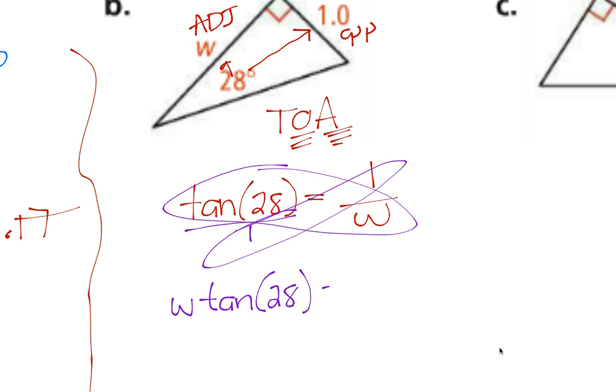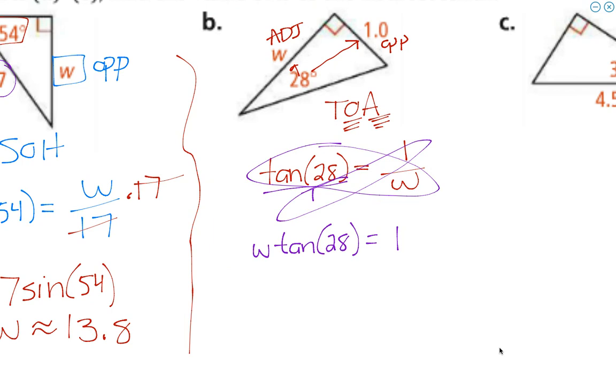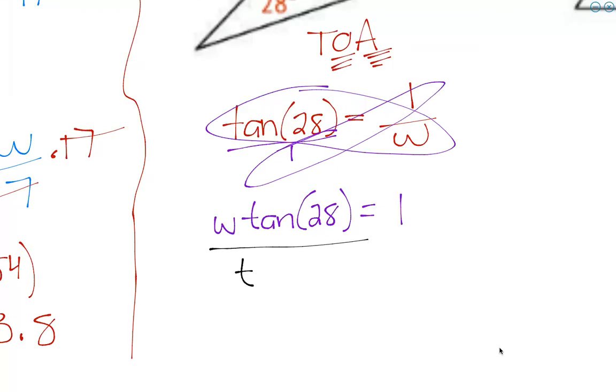There's a couple ways to think of it. And then 1 times 1 is just 1. Now the W is up top. Actually, there's no denominators anymore. So we're going to divide both sides by tangent of 28. Try and remember, tangent of 28 is just a number.